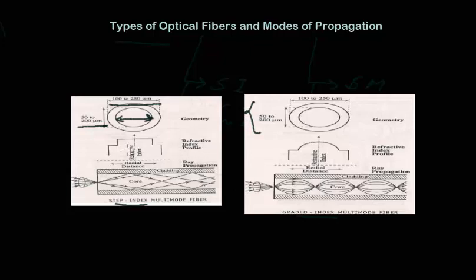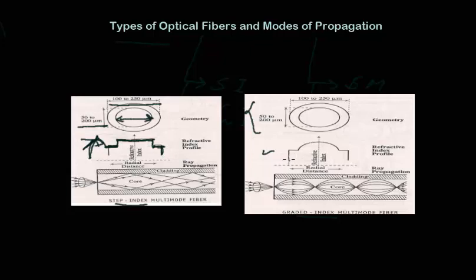Now about refractive index, there is a difference. The basic thing is the refractive index of the core area should be greater than the refractive index of the cladding area, which is the same here. This is the refractive index of the core and this is for the cladding. So if it increases from bottom to top, for cladding it is lesser, for core it is higher. But here we can see that the refractive index of the core is uniform throughout the core, and the refractive index of the cladding is uniform throughout the cladding.